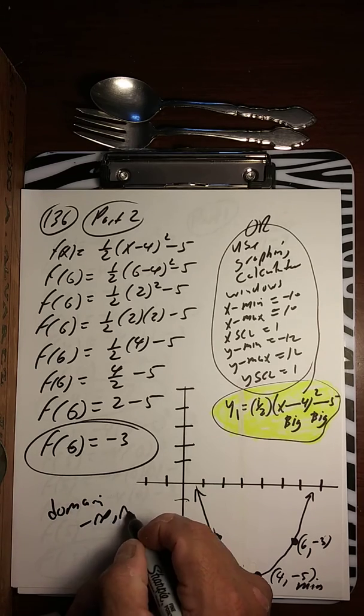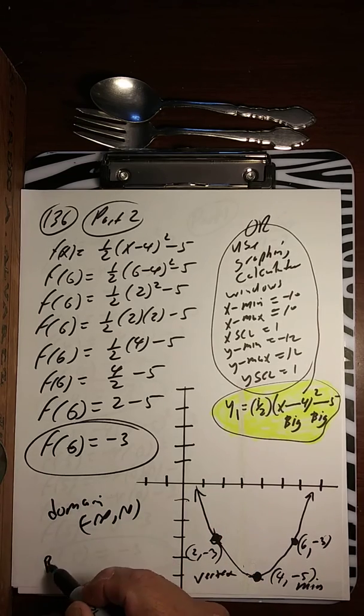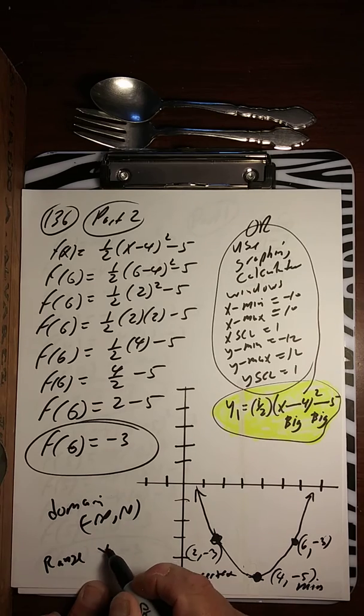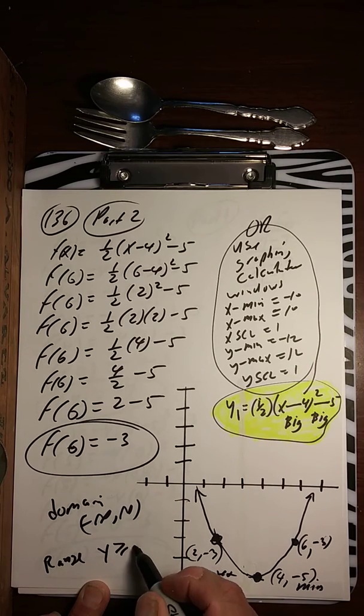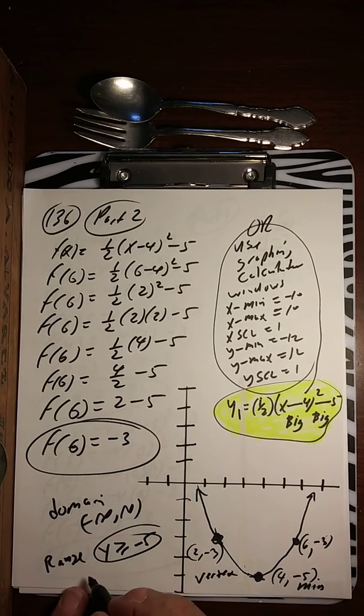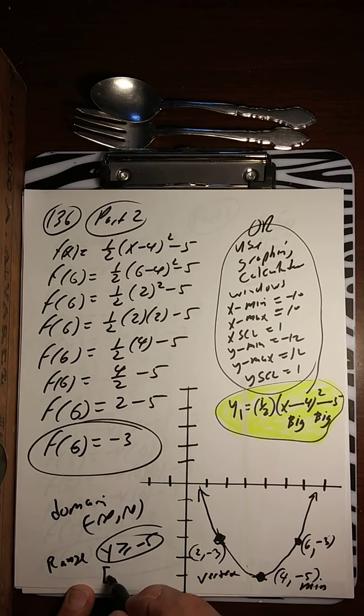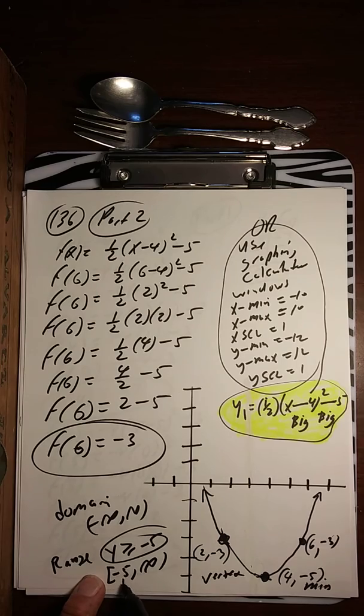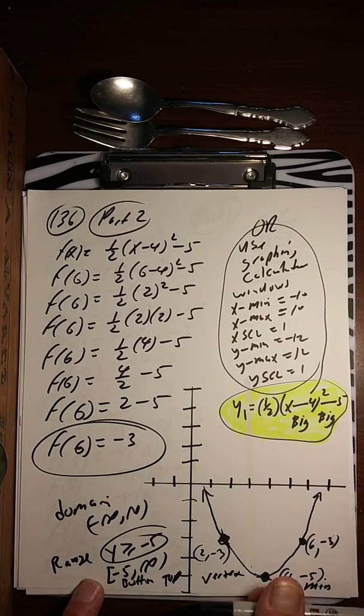Minus infinity to infinity. And the range goes from 4 to -5, so you can say y is bigger than or equal to what? -5. Or you can say from -5 to infinity. This is the bottom. This is the top of the graph. Bottom of the graph to the top.